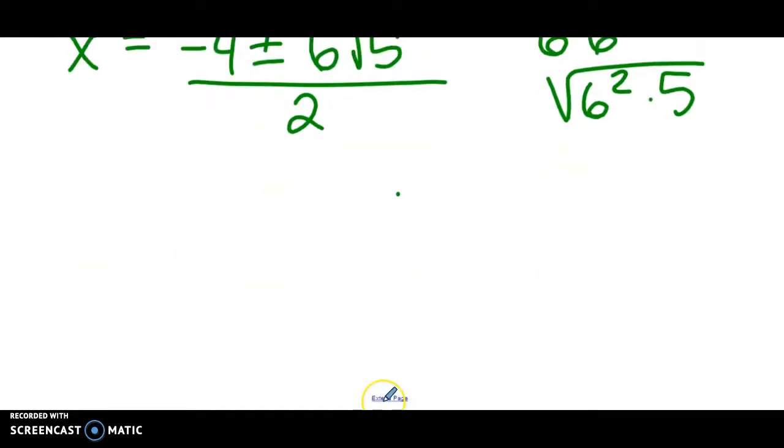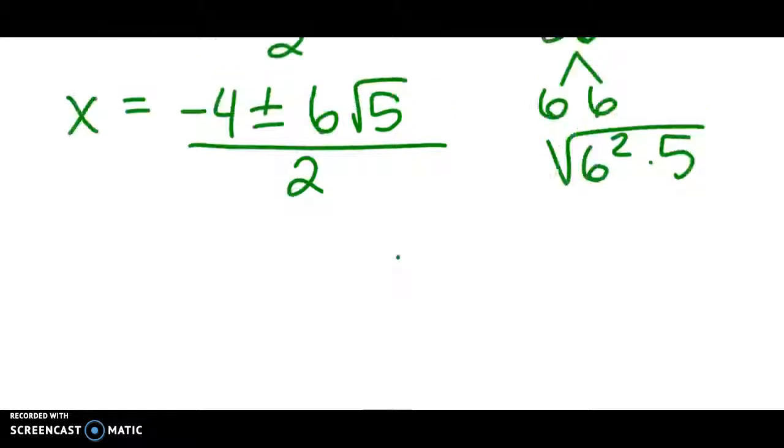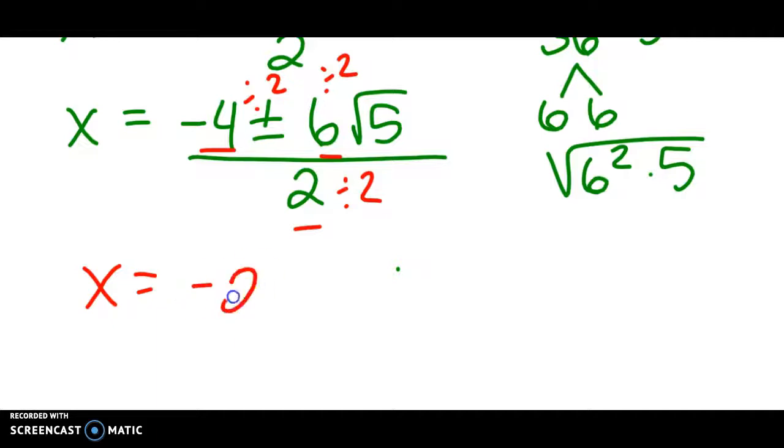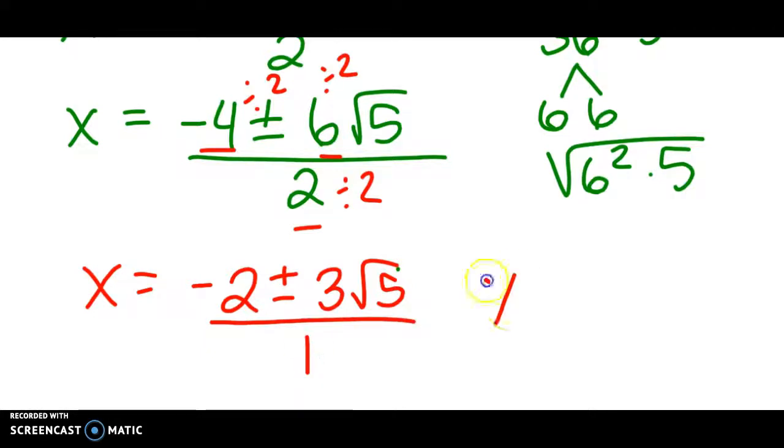Since every term has a 2 in it, we'll go ahead and divide all of these by 2. And we're going to get x equals negative 2 plus or minus 3 root 5 over 1, or just x equals negative 2 plus or minus 3 root 5.